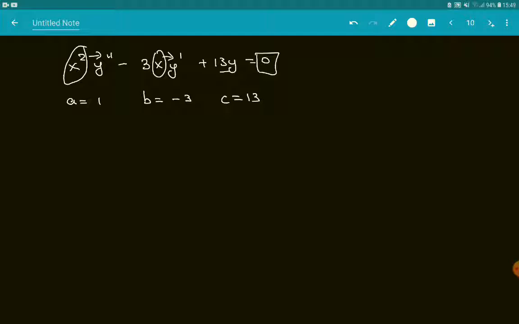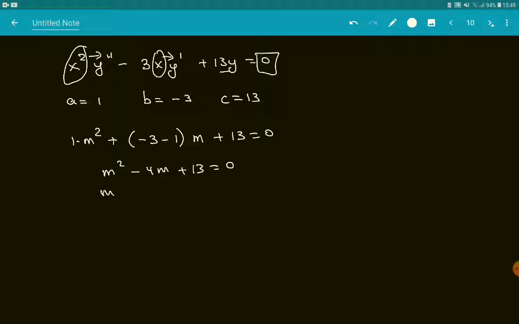So to do this, we need to write the auxiliary equation, which is a, which means 1m squared plus (b minus a), negative 3 minus 1, m plus 13, equal to 0. I just write again m squared minus 4m plus 13 is equal to 0.